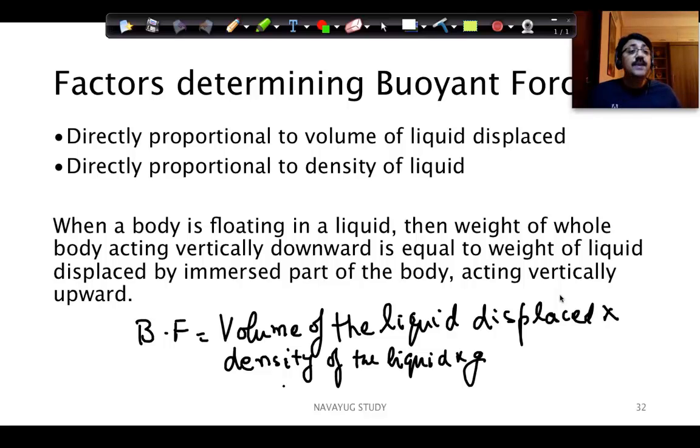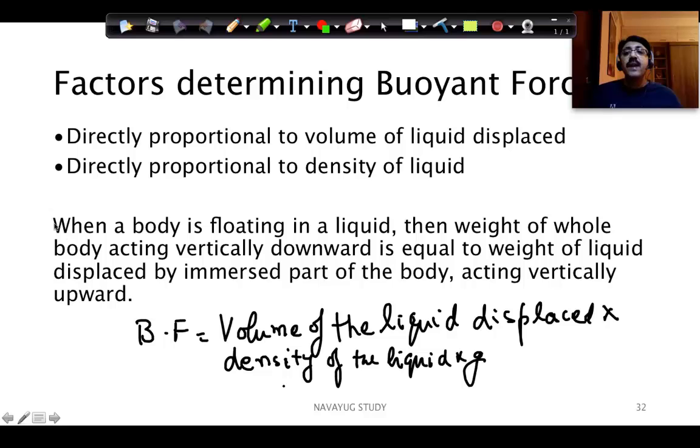I hope you understood that: volume of the liquid displaced into density of the liquid into G. So the buoyancy is directly proportional to the volume of the liquid displaced, and is also directly proportional to the density of the liquid.